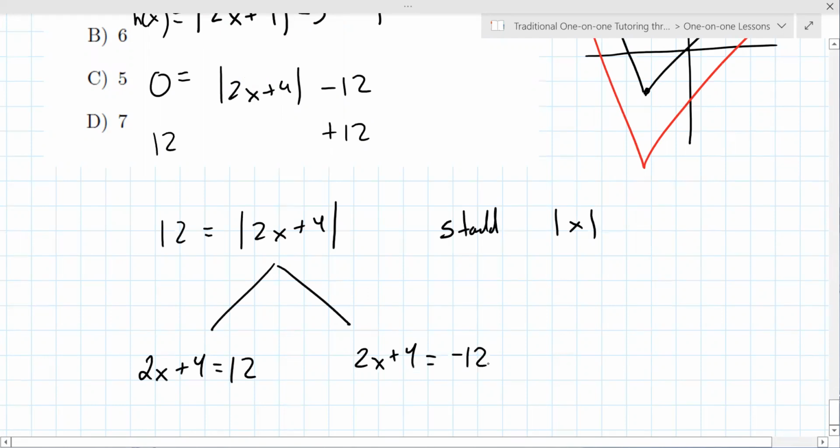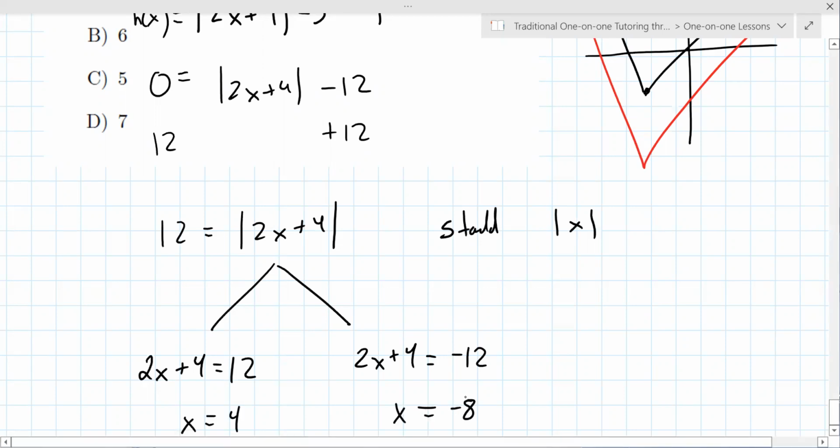So go ahead and solve this from here, please, and tell me what the x-intercepts are. X equals 4 and x equals -8.